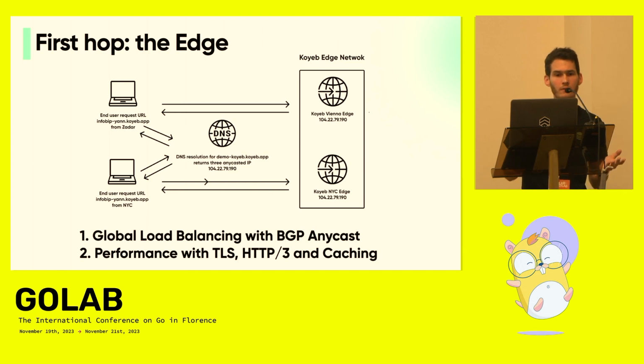Here on the left you have the end user request. If you go right now to global-golab.coab.app, it's going to perform a DNS request, which resolves to an Anycast IP. Is anyone familiar with what an Anycast is?